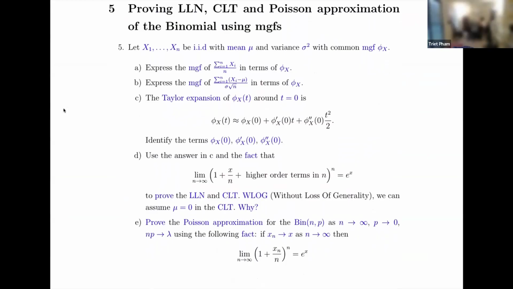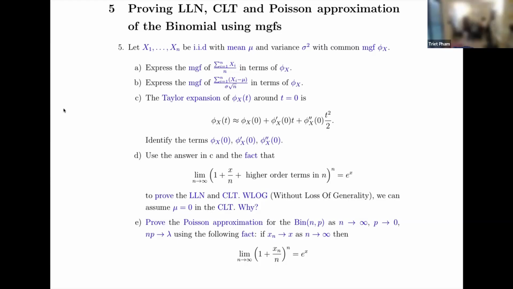So the first result, the law of large numbers, basically says the empirical average converges to the true average as n goes to infinity. This sum right here converges to mu as n goes to infinity. Okay.